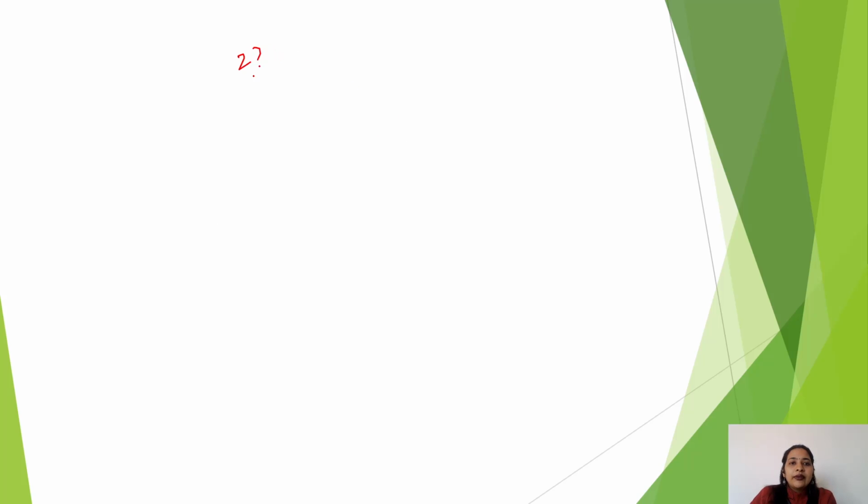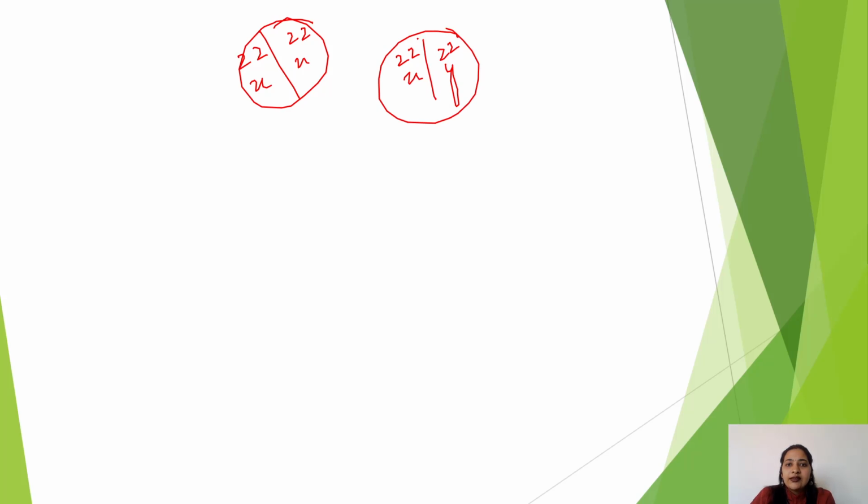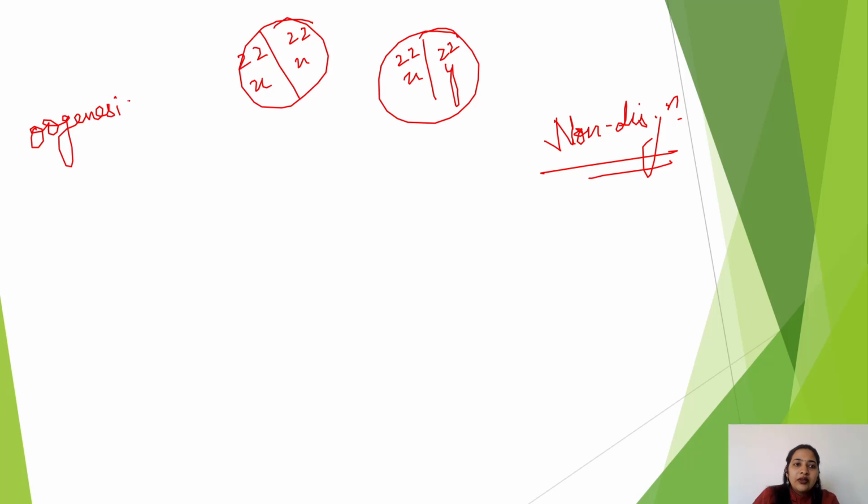For example, I told you 22X and 22X, and here 22X and 22Y. These are female somatic cells and male cells. Now what happens? Non-disjunction of chromosomes happens. If it is the oogenesis process, that means the female reproduction process, in oogenesis non-disjunction of X chromosomes takes place.